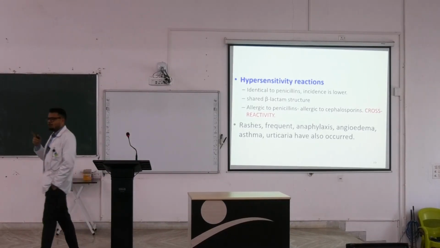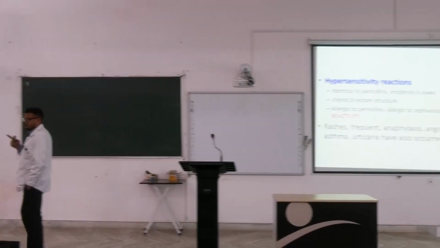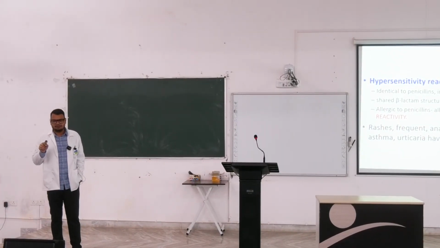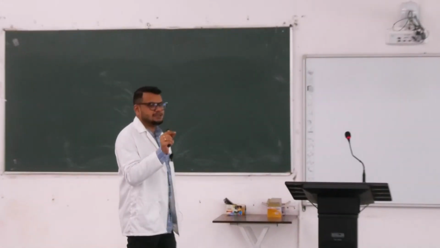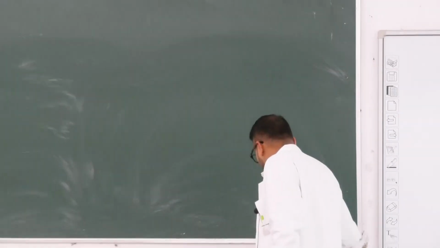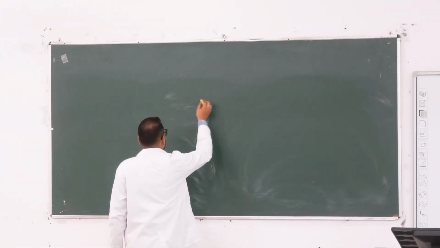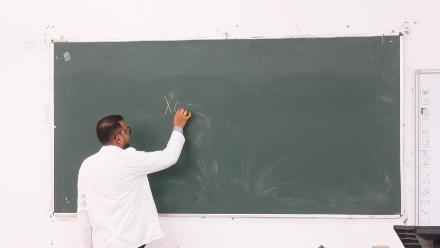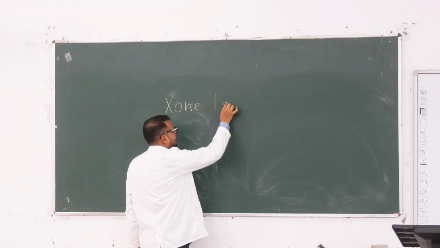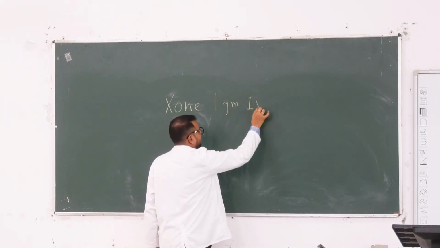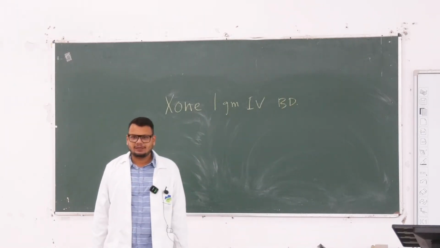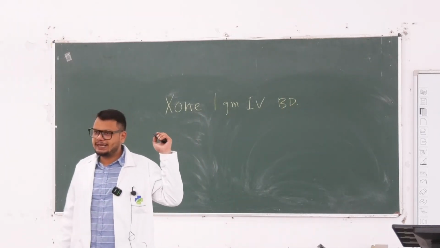So remember, whenever you write a cephalosporin, you always write in brackets AST, meaning after sensitivity test. Okay, you have to write it. Next to the cephalosporin I write, suppose I write 1 gram IV BD, that is incomplete.